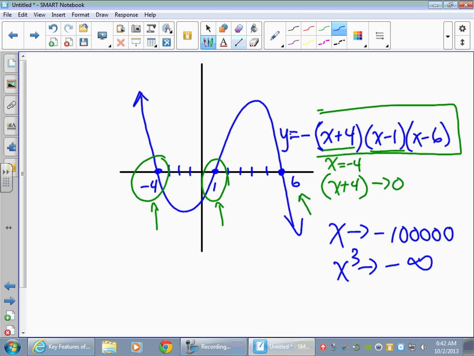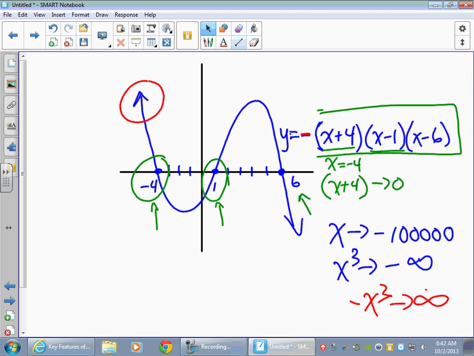But on my graph up here, I clearly see I should be going towards the positive, so I actually need a negative in front to ensure that I'm going to positive infinity. Okay, so that's how I determine whether there's going to be a negative coefficient there or not. Basically, do I need it, yes or no?